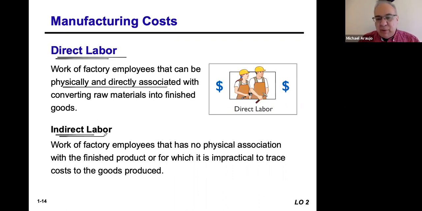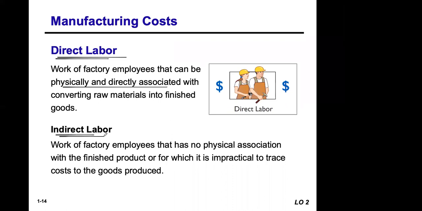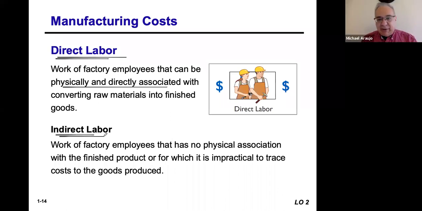So, factory workers that do not actually participate in making the product directly, but they might be cleaning the factory or maintaining the factory in other ways that are not specific to the product, but need to be done anyway to make sure the factory is running well.